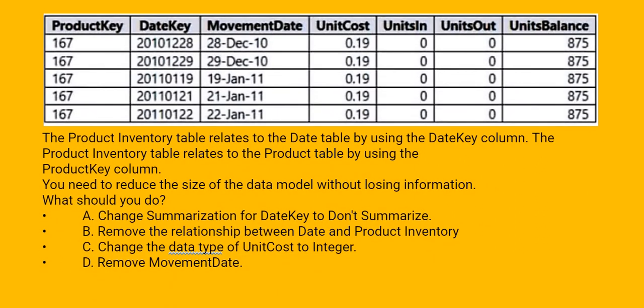Option A, change summarization for date key to don't summarize. Option B, remove the relationship between date and product inventory. Option C, change the data type of unit cost to integer.